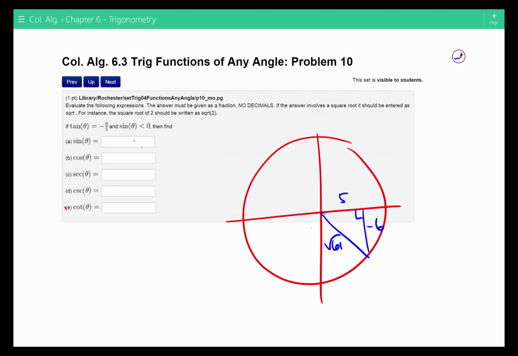So the sine is opposite over hypotenuse, so that's -6 over the square root of 61. The cosine is adjacent over hypotenuse, so that's 5 over square root of 61. Secant is the reciprocal of cosine, so just flip the cosine. Cosecant is the reciprocal of sine, so flip the sine. And cotangent is the reciprocal of tangent, so flip the tangent.